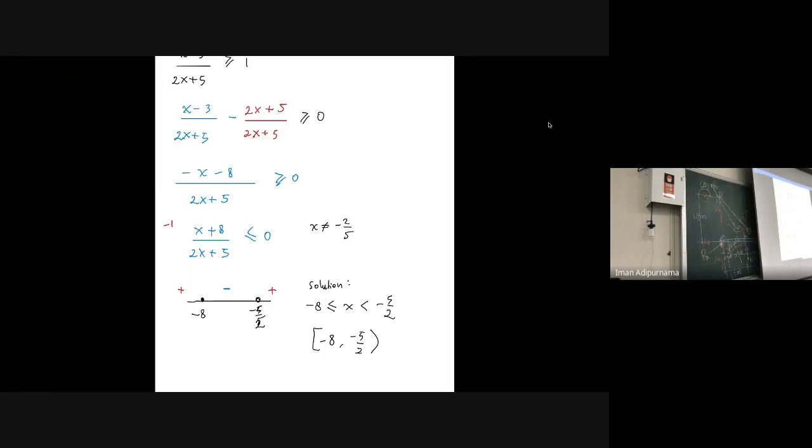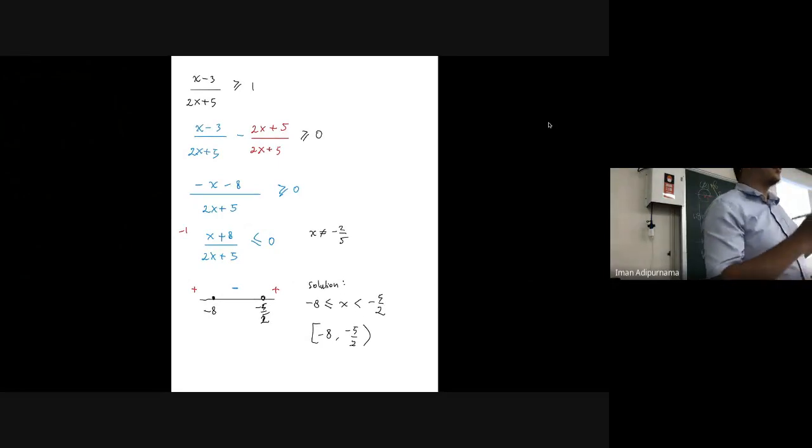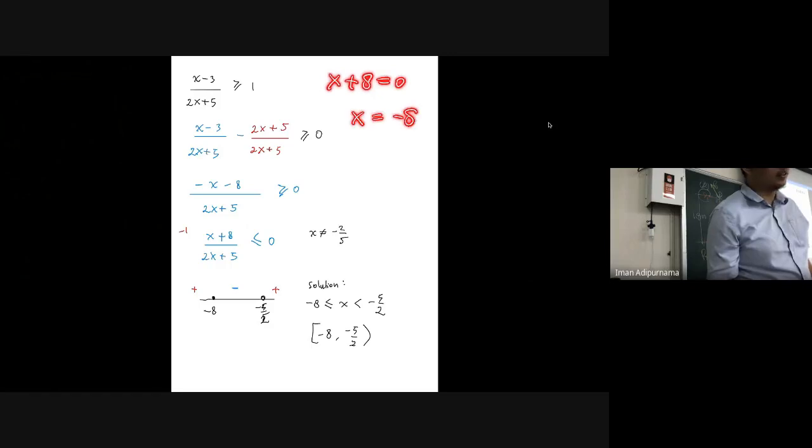But the problem in your equation here is if you have 1 here, it's not complete yet because you don't really know the exact solution. So my suggestion is to treat the inequality like your normal equations. For example, if you have x plus 8 is 0, x is -8, right?